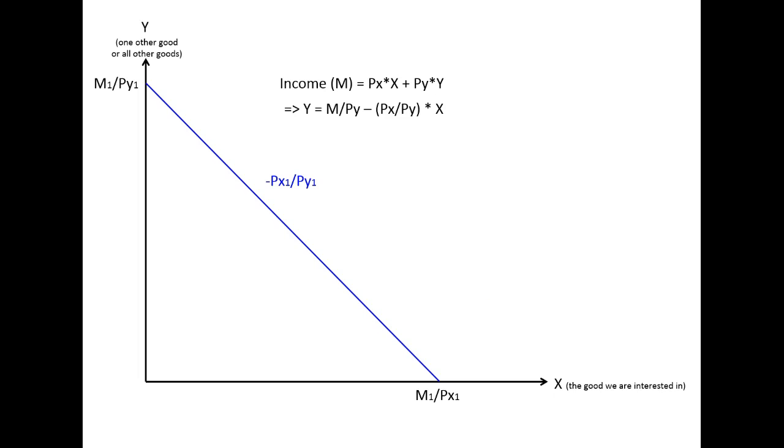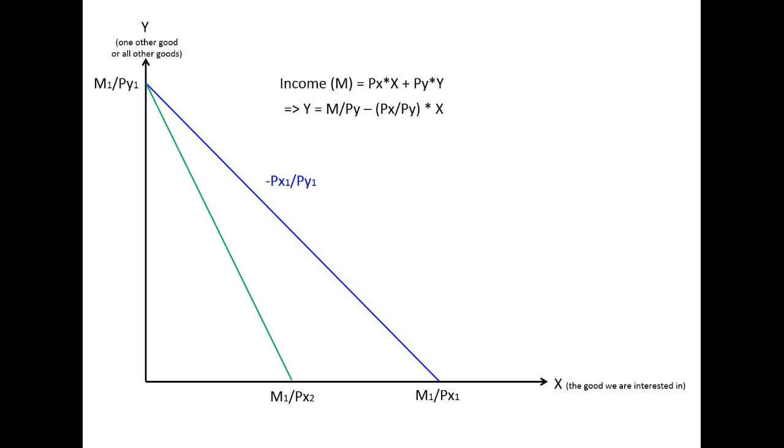So what happens if we introduce some kind of disturbance? Well, let's say that we double the price of X. So Px2 is equal to 2Px1. That gives us that we now can only buy half as many X's as originally. But we haven't changed the price or the income for good Y, so therefore that intercept will be unchanged.